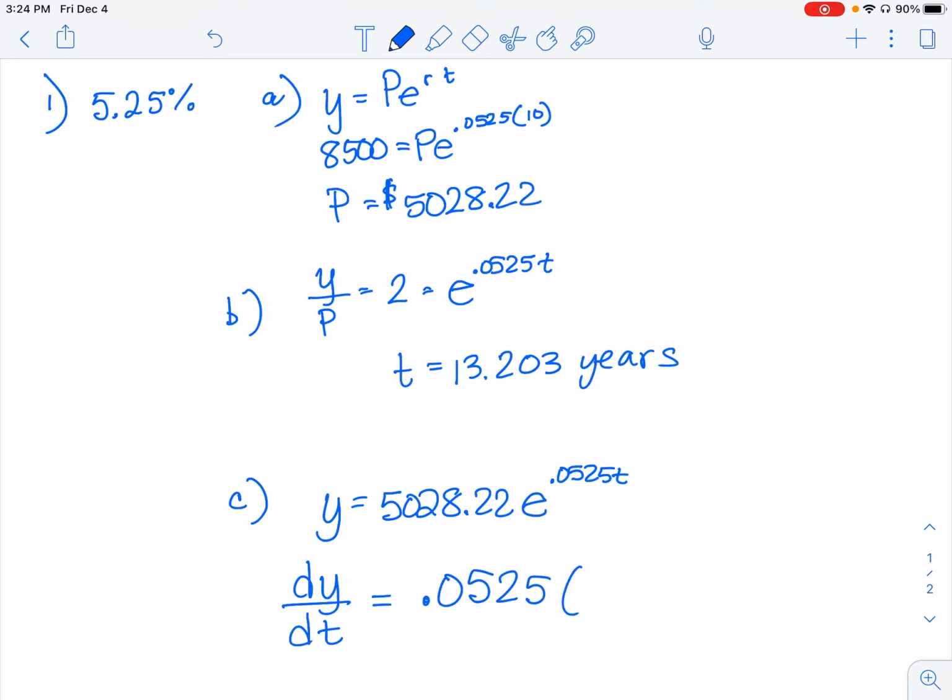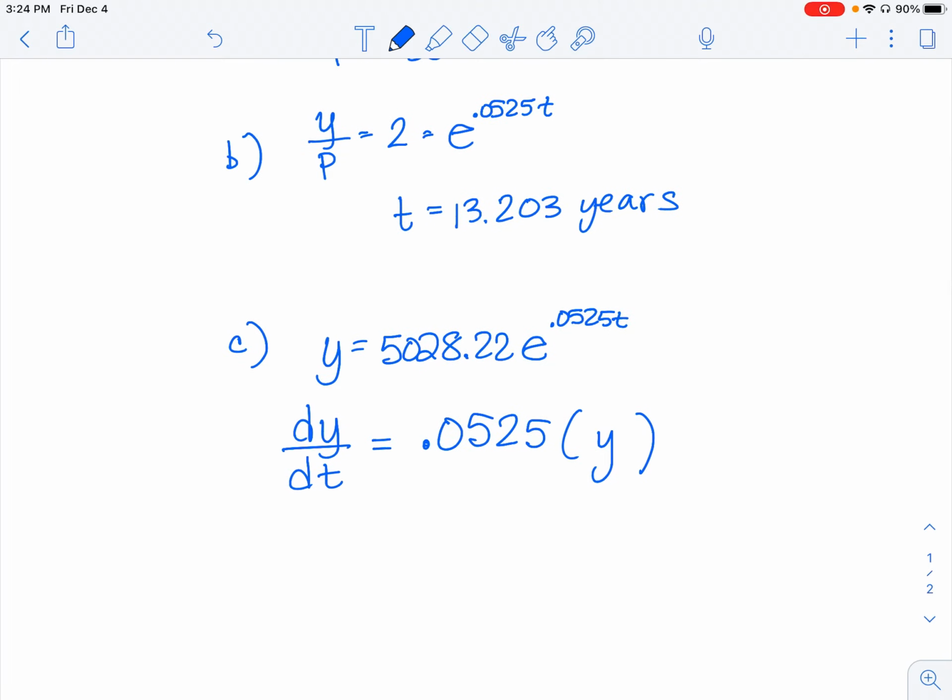0.0525 times y, and when the initial amount is doubled, that means that we have 2 times that, so 0.0525 times 2 times 5028.22.